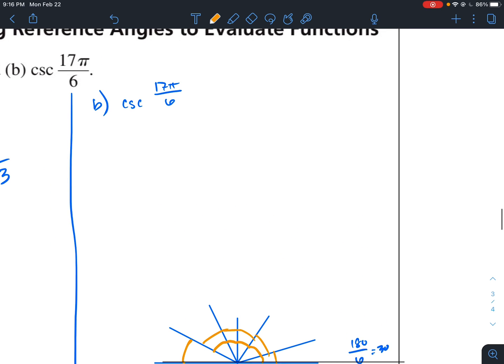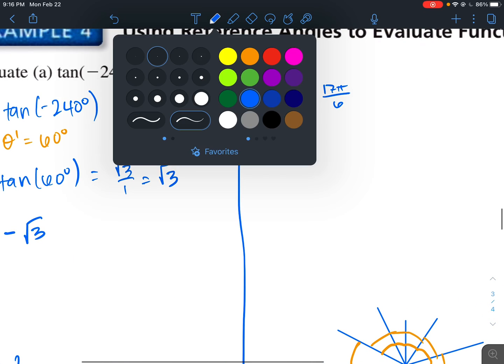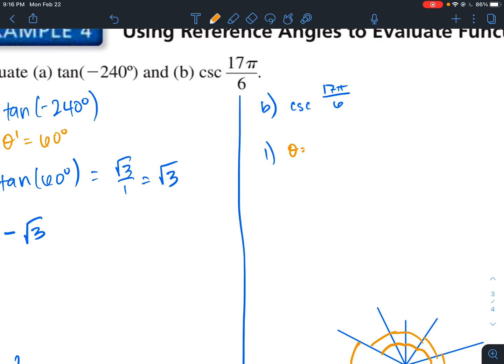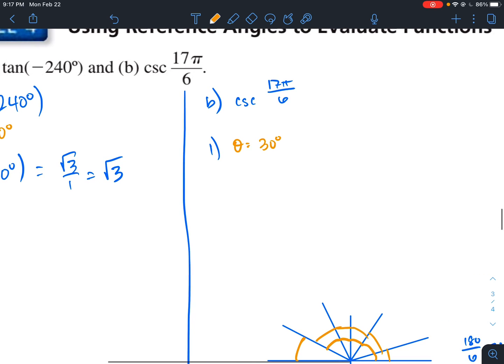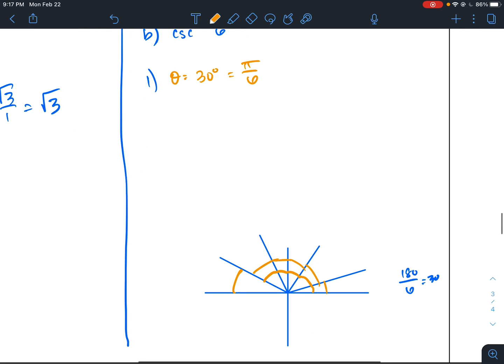Or, if we're talking about radian measure, my reference angle is equal to 30 degrees, but we're using radians, that's the same thing as pi over 6. Because pi, which is 180 degrees, into 6 parts, is 30 degrees. So pi over 6 is my reference angle.